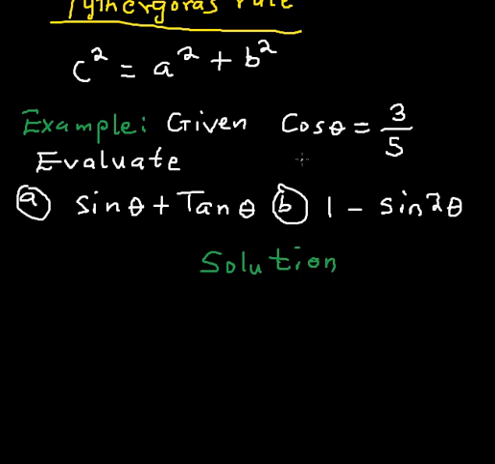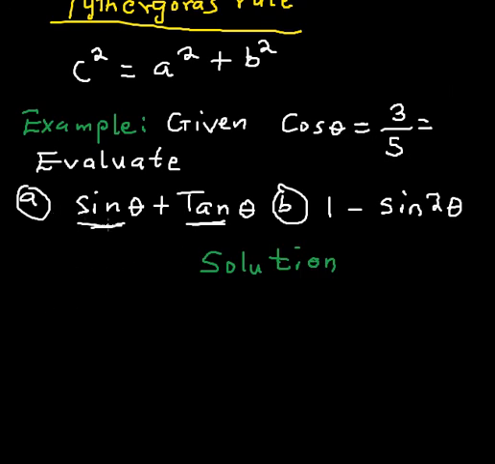From what was given, what I have is cos theta of the angle. Since I have cos theta, remember cos theta gives me two sides. Now I'm asked to evaluate sine theta and tan theta. How will I get them from cos theta?